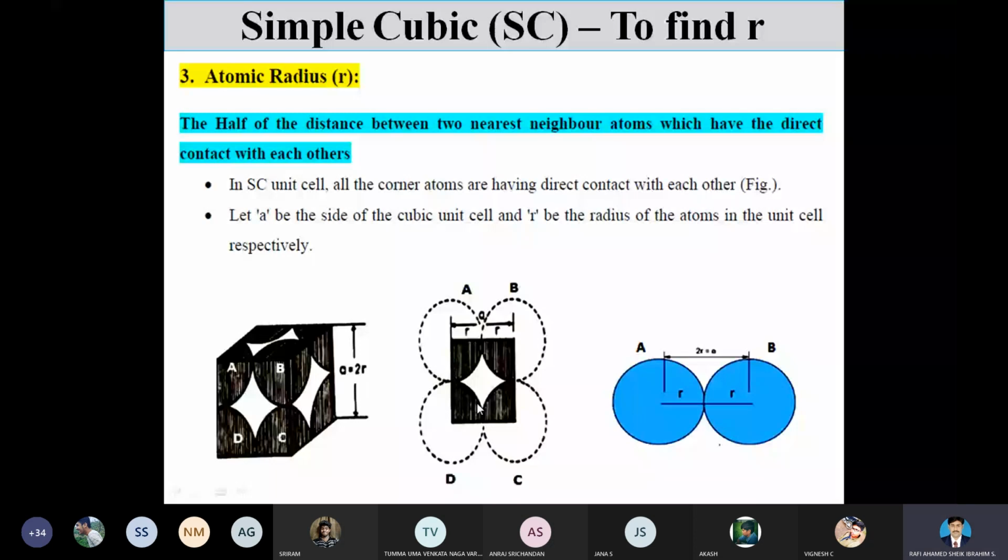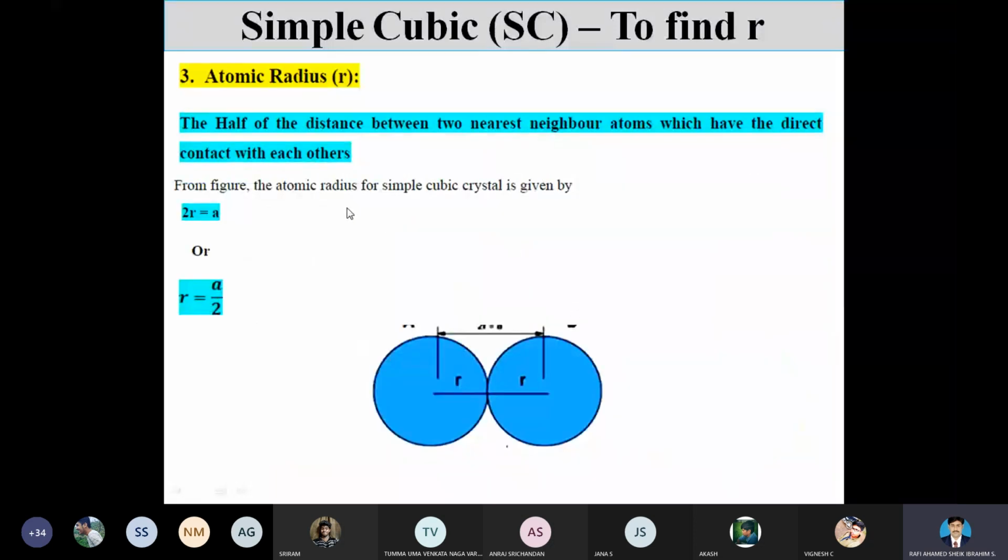That side is given by the symbol A. So A is the side of the unit cell. Therefore we can write, from this figure, for the atomic radius of a simple cubic structure A, B, that 2R is equal to A.